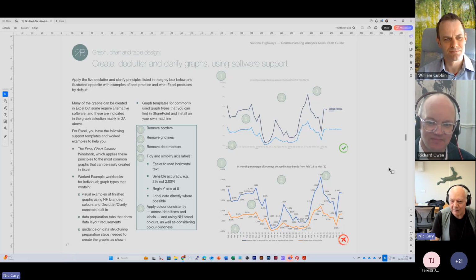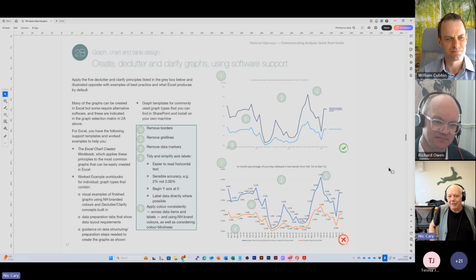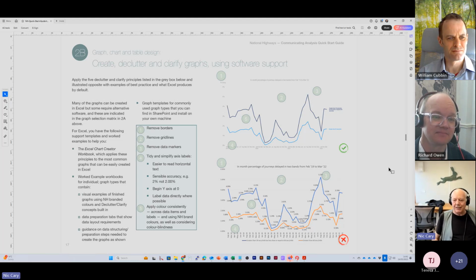And also, when you merge red and green, if you're on a screen, it's fine because you get yellow in the middle. But if it's a printed publication, you'll get brown because pigments of reflective color work differently to RGB, red, green, blue TV color, if you like.